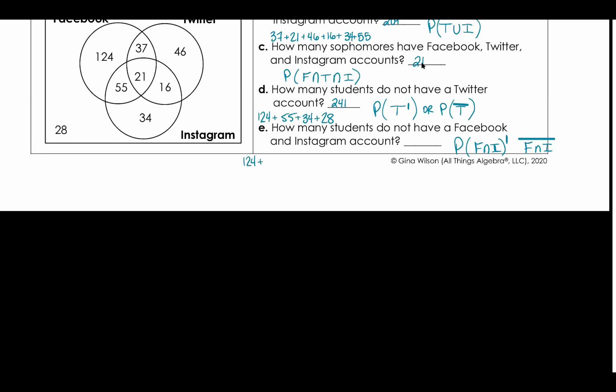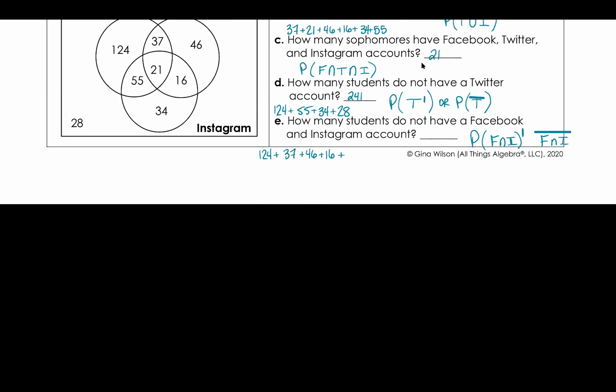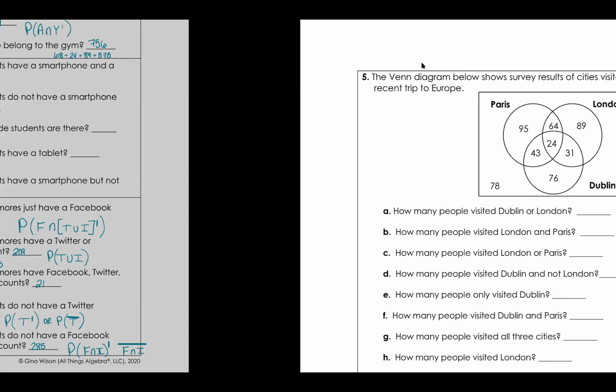So 124, 37 that have Twitter and Facebook, 46 that only have Twitter, 16 that have Twitter and Instagram, and the 34 that only have Instagram. So we want the students that do not have both Facebook and Instagram. Add those up, and our number is 285.